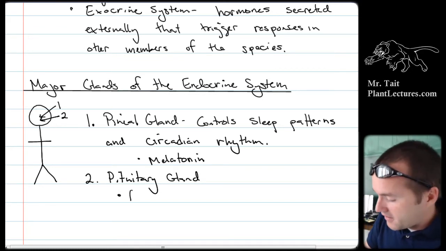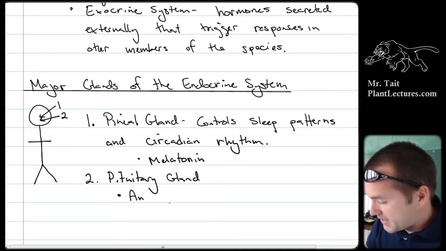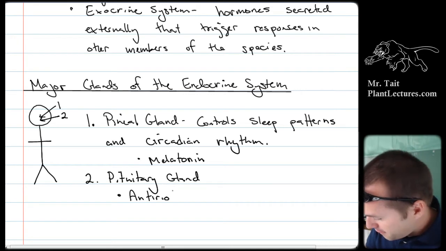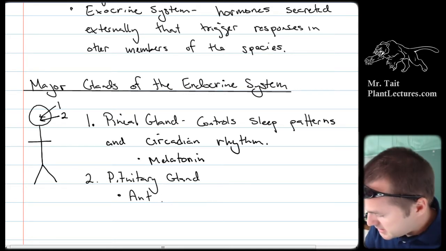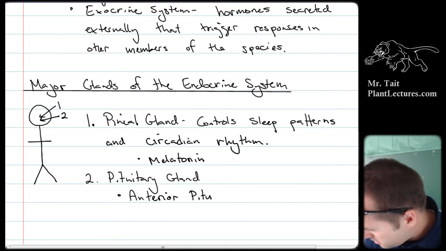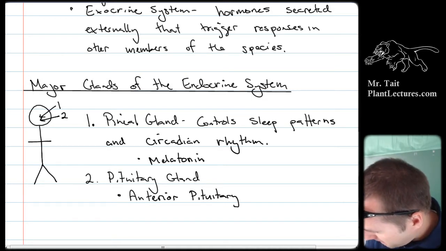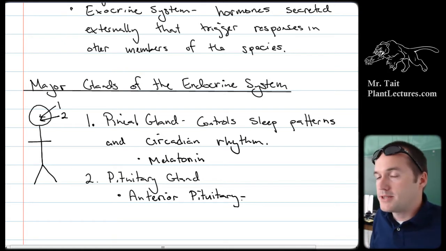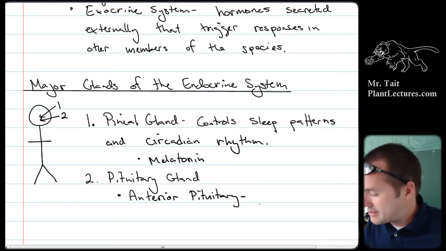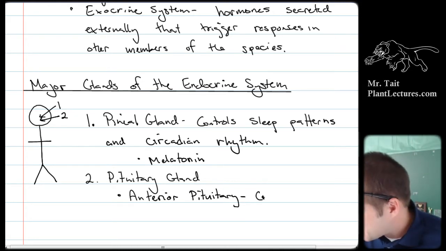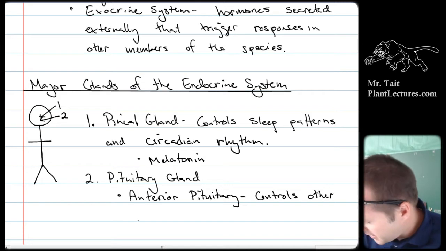The anterior pituitary gland is not all that exciting. Anterior pituitary's job is to control all the rest of the hormones. It controls the rest of the glands to control the rest of the hormones. So it controls other glands.